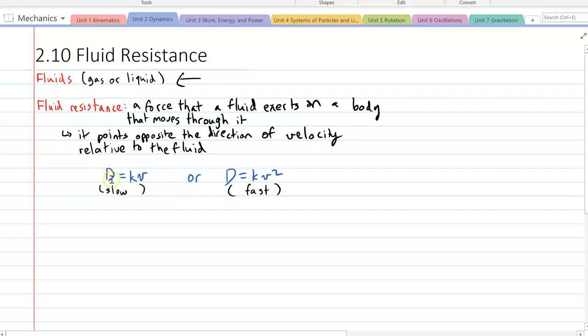Notice that the fluid resistant force is dependent on k, which is just a constant, and v, which is the speed of the object. That's something we want to take note of: the fluid resistant force is dependent on speed, and as speed increases, the force will increase.